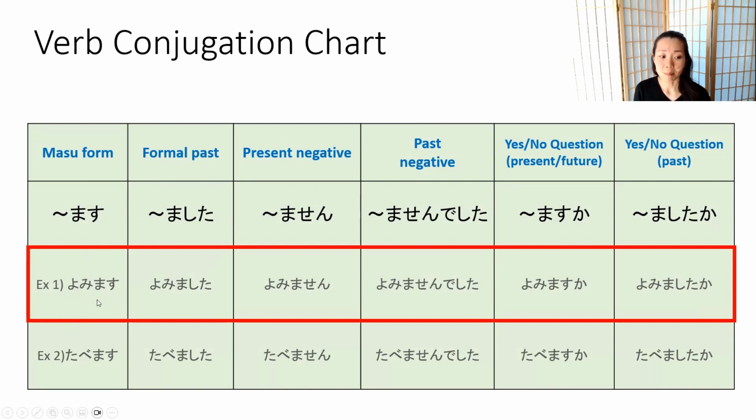Master form is the formal form, 読みます。Then past tense is 読みました。読みません。読みませんでした。読みますか？読みましたか？So it's simple like this, verb conjugation. Let's practice pronunciation together.